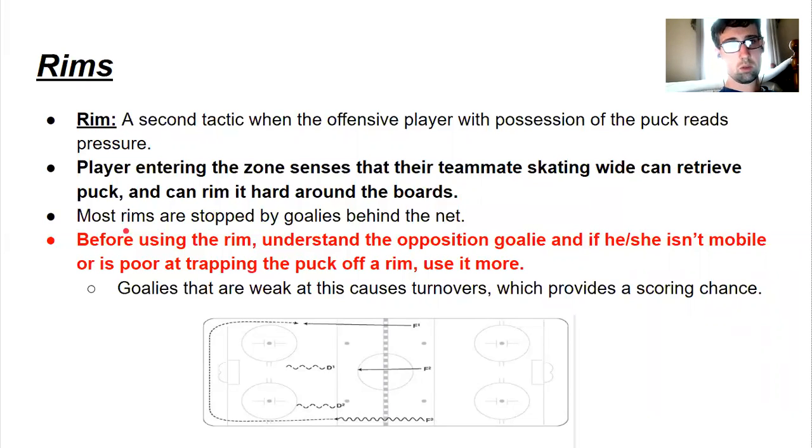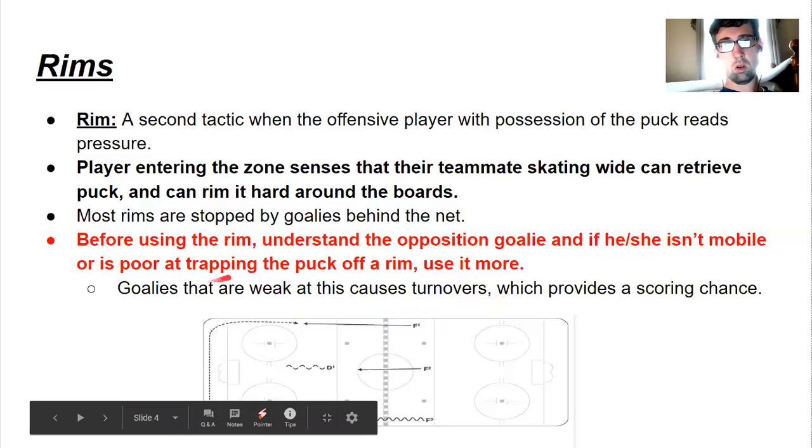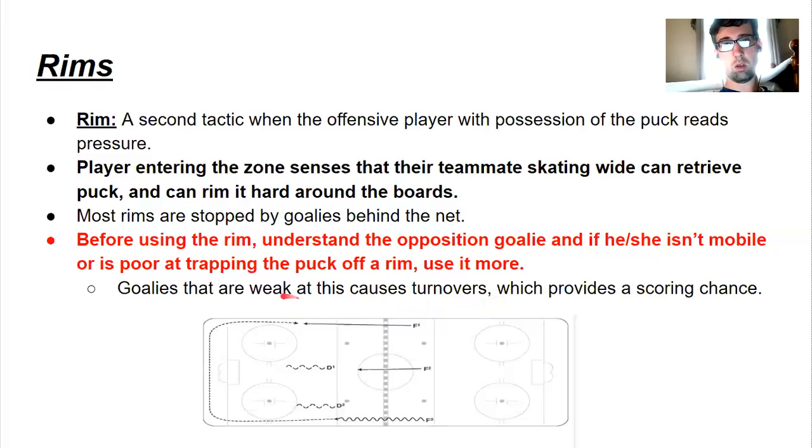Most rims are stopped by goalies behind the net. Before using the rim, understand the opposition goalie, and if he or she isn't mobile or is poor at trapping the puck off a rim, use it more. Goalies that are weak at this cause turnovers, which provides a scoring chance.